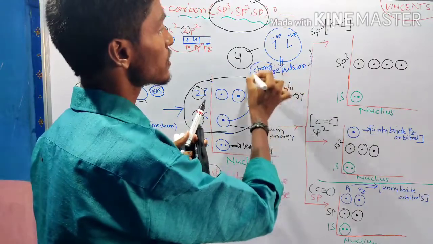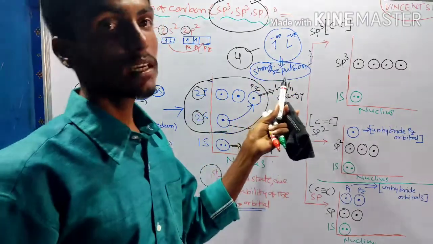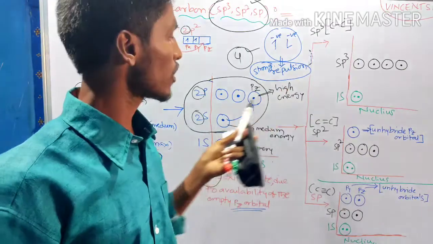In order to reduce this strong repulsion, there is a need for the carbon atom or other atoms to undergo hybridization.